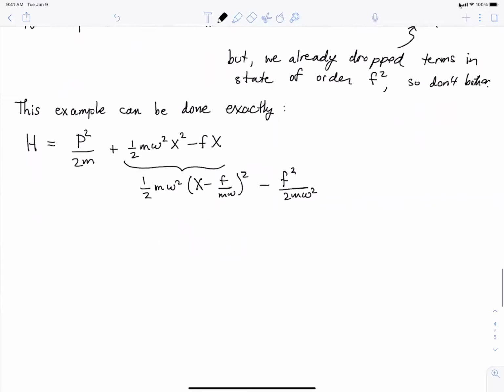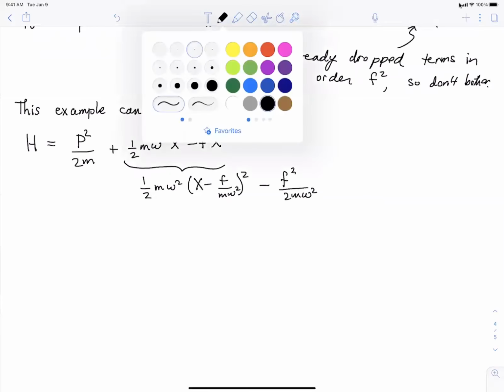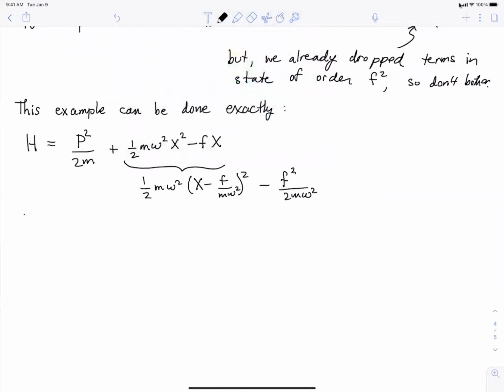And now we realize that, okay, if we just shift variables, this is the harmonic oscillator again with an extra term. This is our extra term. This is a harmonic oscillator, but instead of centered at 0, it's centered at f over m omega. Actually, that should be f over m omega squared, I think. Okay. So shift variables by taking x to x plus f over m omega squared.